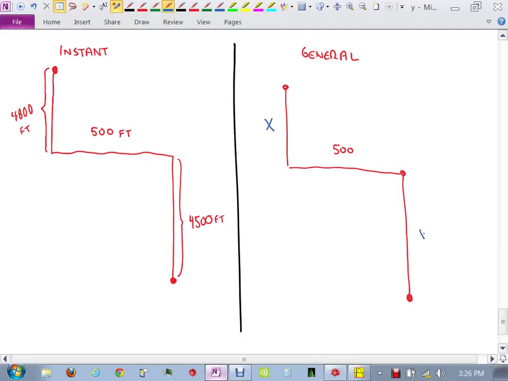And at some point in time, she's gone y? That's just the general scenario. He's walked some distance, she's walked some distance. If I fix the time, then I actually know how far they've gone. But in general, it's x and y.